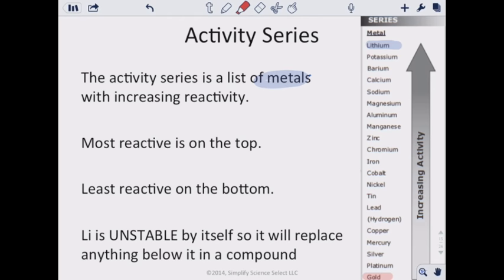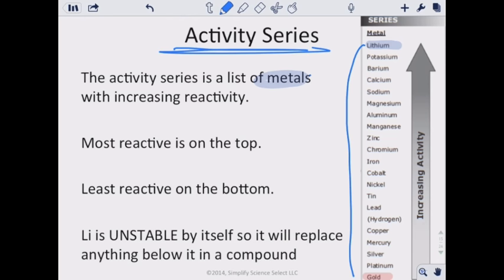Now, we can look at it and we see that lithium is unstable by itself, so it will replace anything below it. So lithium, if it comes across, and we use the activity series, and this is a key thing here that I would write down, when we're talking about single replacement reactions. And so lithium, if it's by itself, doesn't want to be by itself.